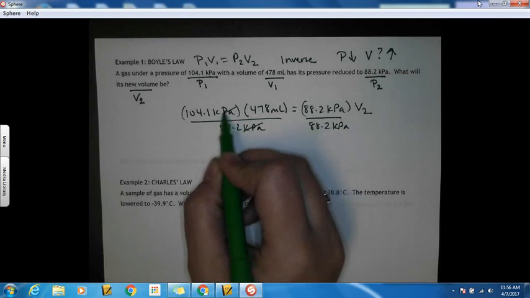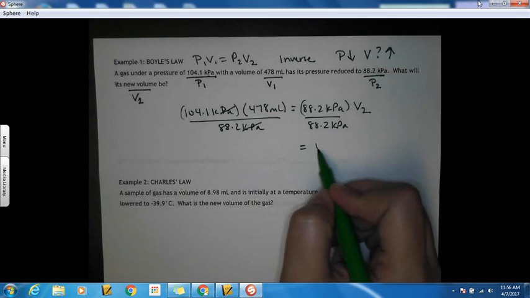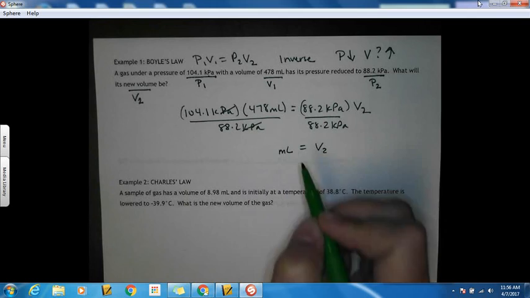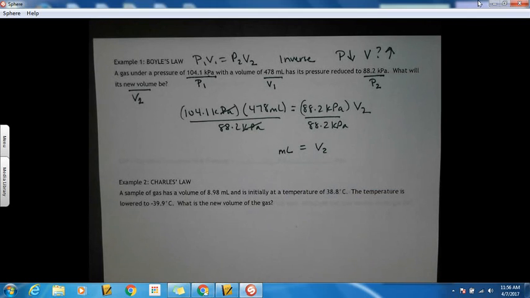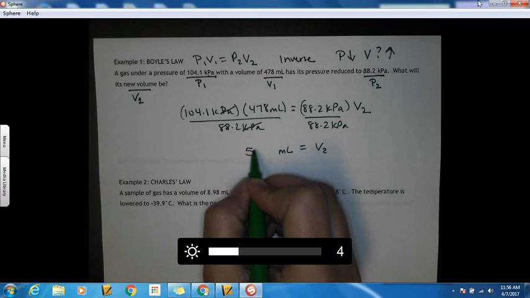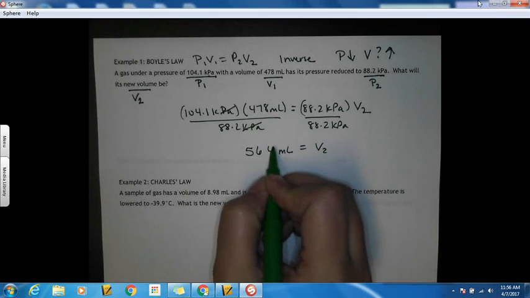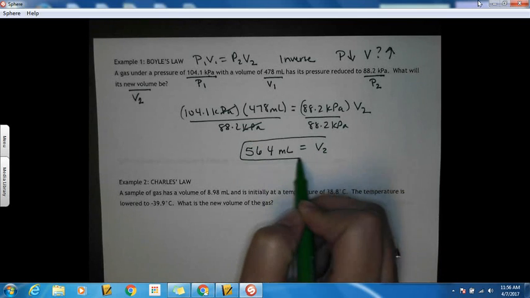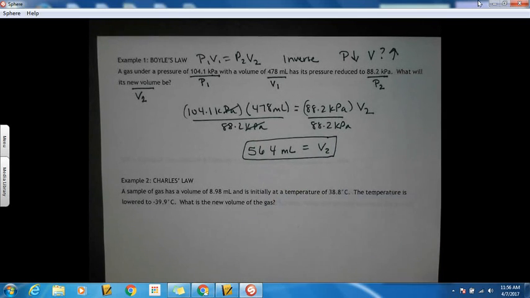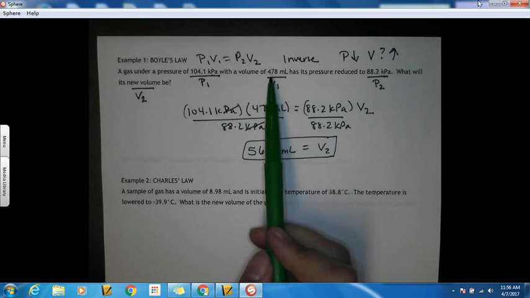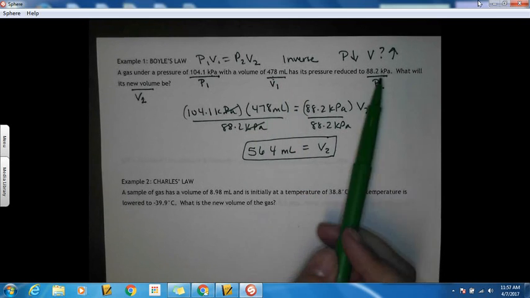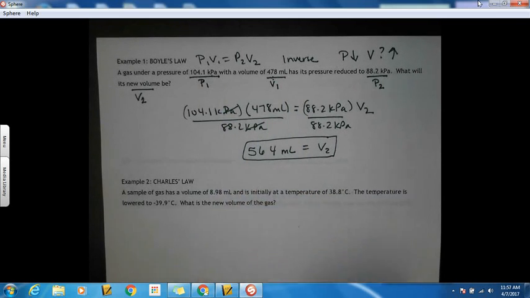So our unit for kilopascals cancels, and we'll be left with milliliters. We multiply and divide, so we get 104.1 times 478 divided by 88.2, and we get 564 milliliters. Now I rounded that to 564 because my least number of significant figures was 3. I had 3 here, 3 there, and 4 there.